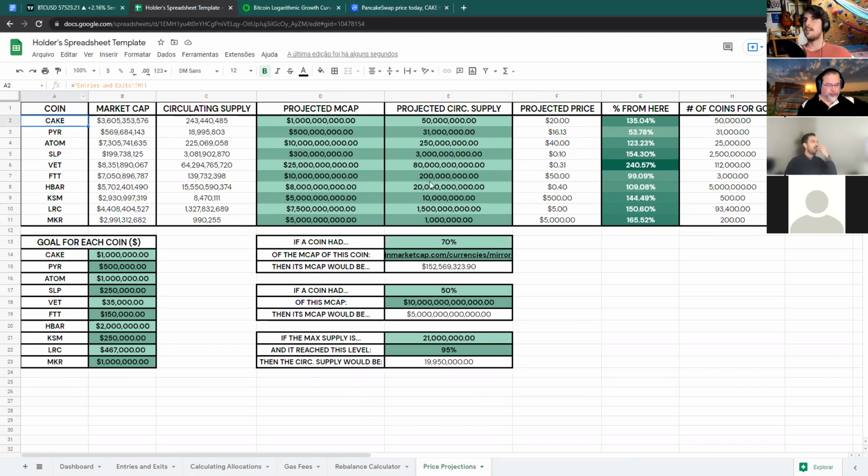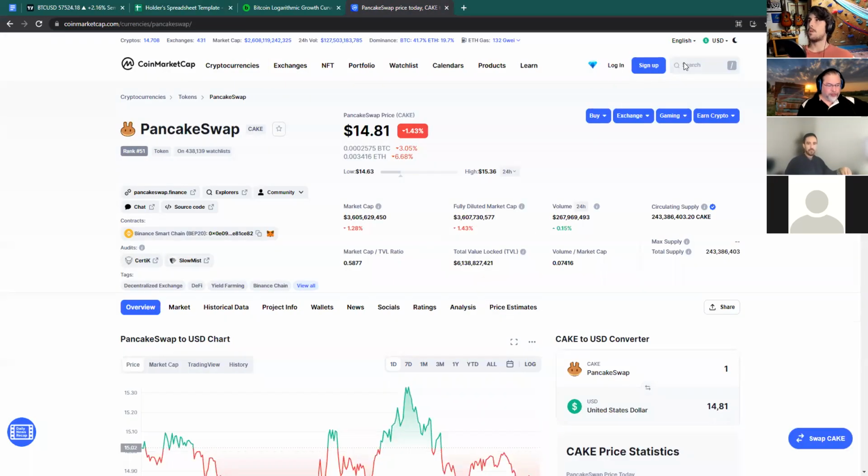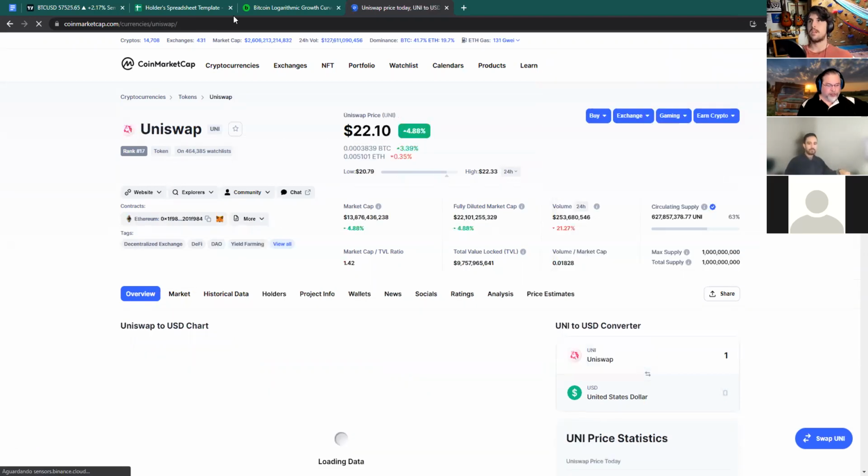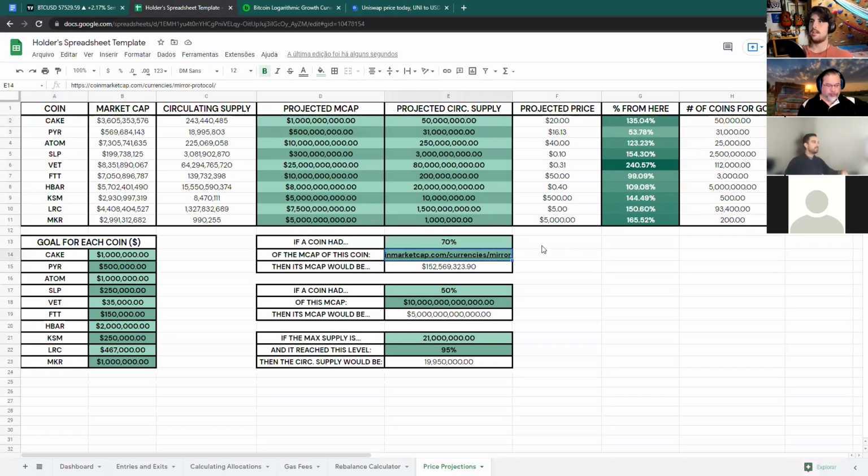Now, why does that matter? Well, let's say I want to compare Cake to Uni, so Uniswap. I copy the Uniswap link and paste it right here. Let's say I think Cake is a very interesting project, and it should have at least 20% of the Uniswap market cap.